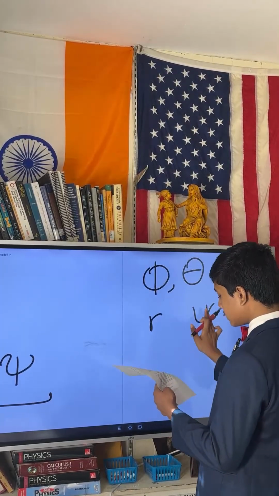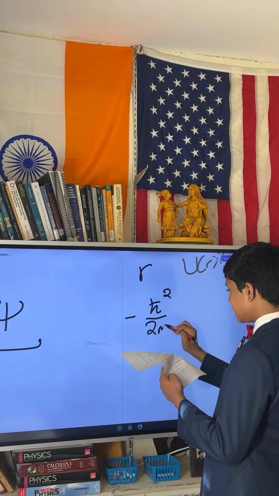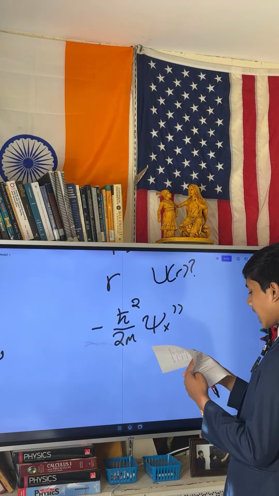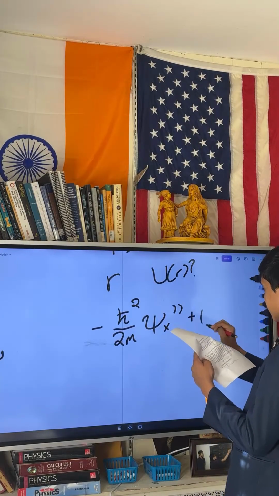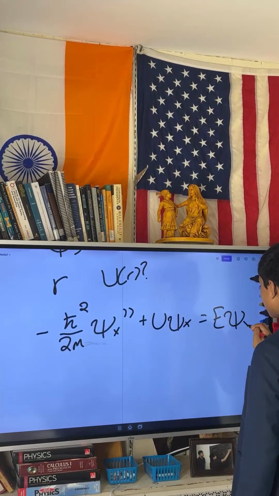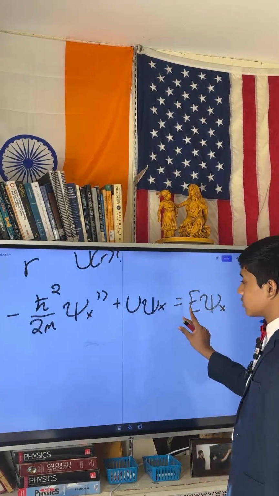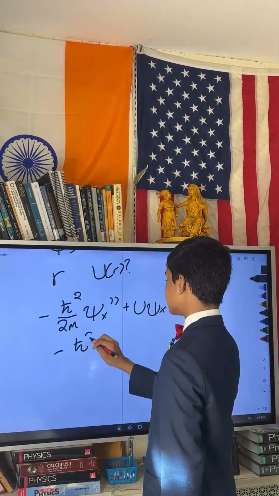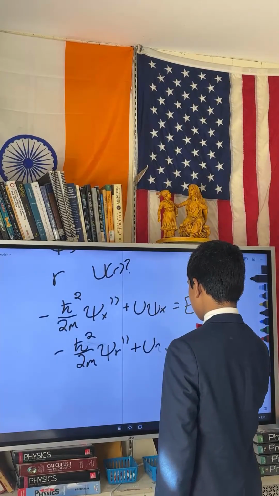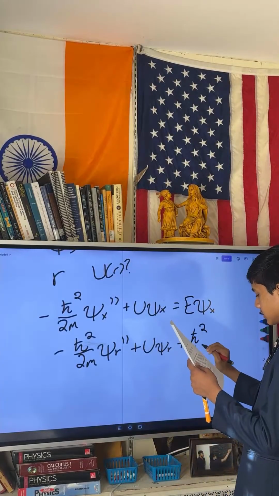Now, you may recall that the time-independent Schrodinger equation in 1D is minus h bar squared over 2m psi double prime of x plus u psi of x is equal to e psi of x. Recall that from last time, the radial equation is instead the exact same thing, but with an extra term added onto it.